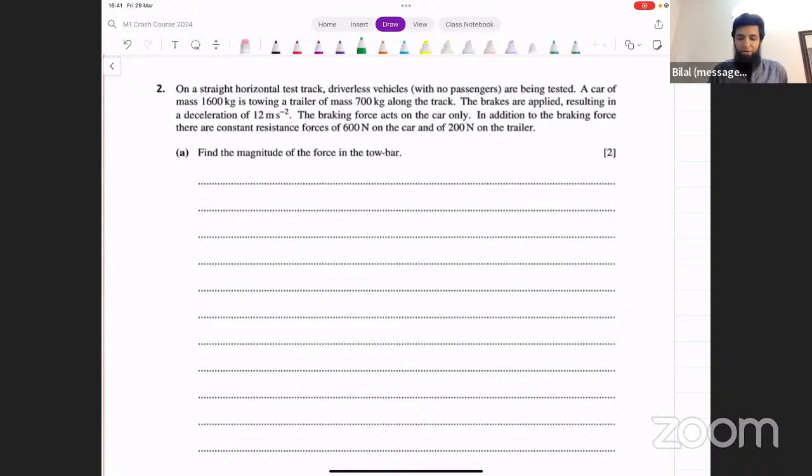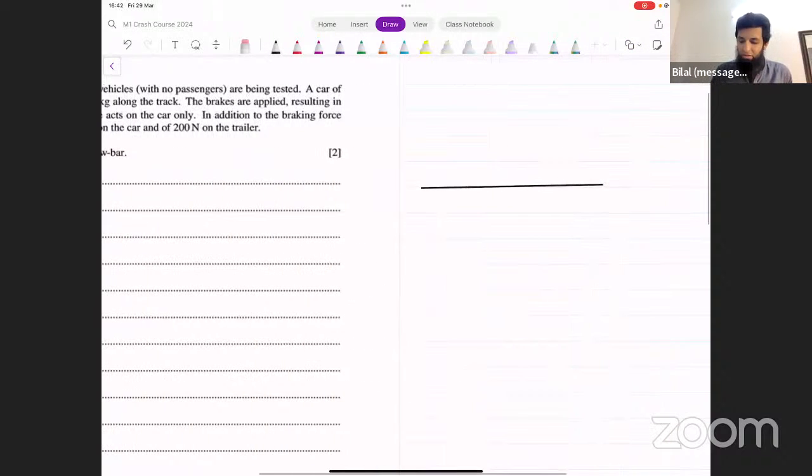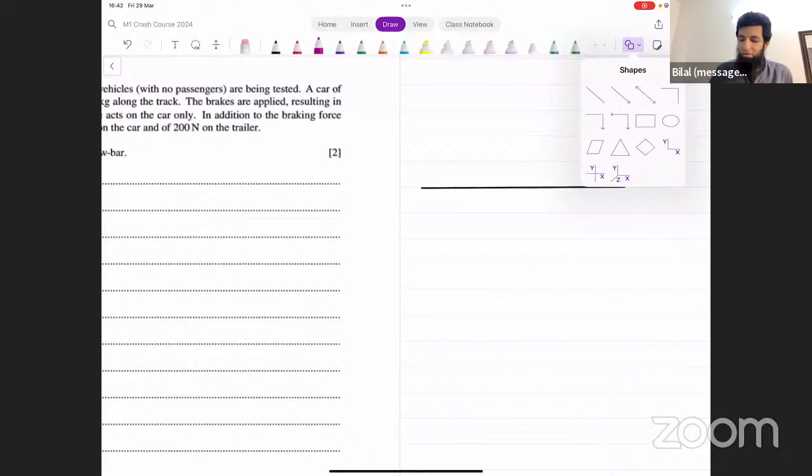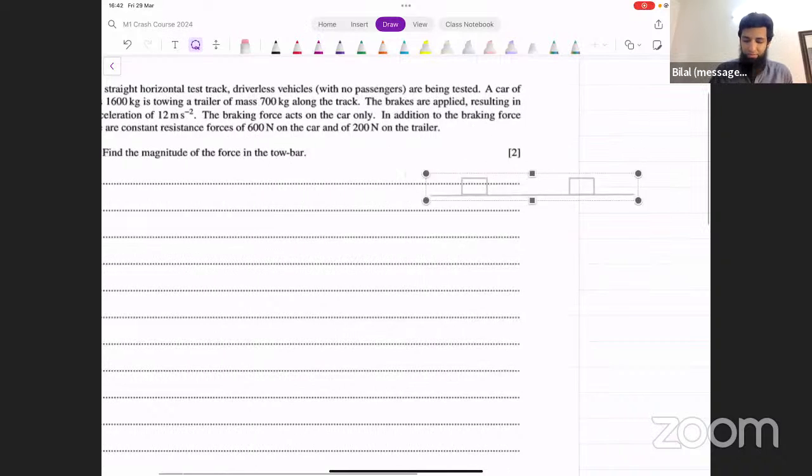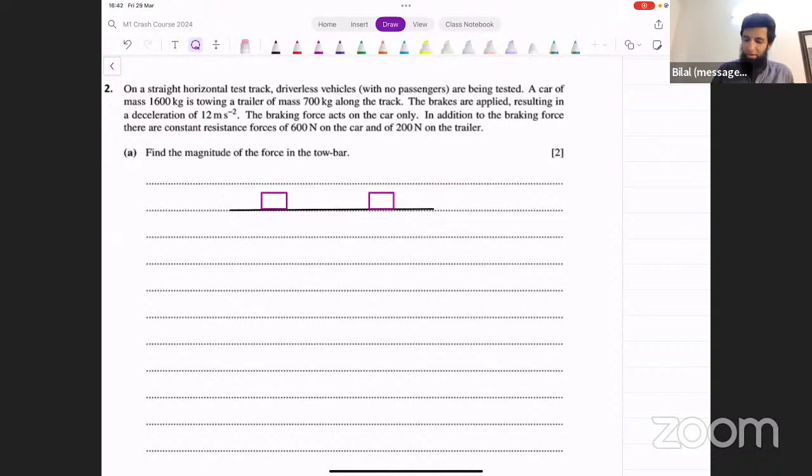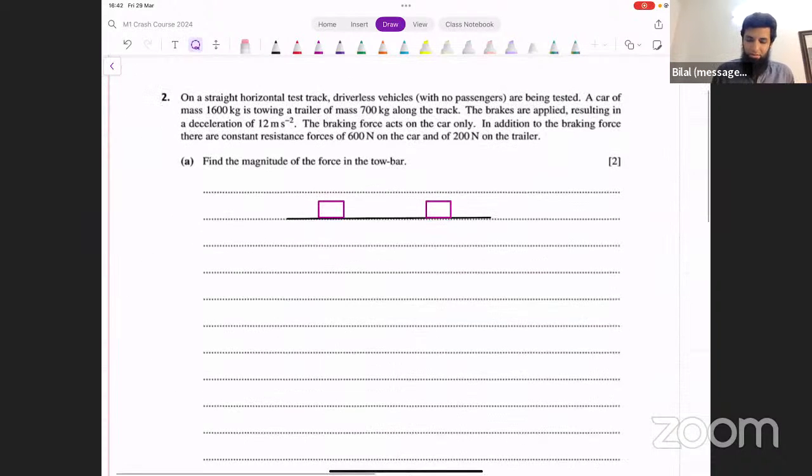Okay, so we don't have a diagram here, so we're going to draw a rough diagram to understand the situation better. So we have the straight road, and on that road, we have a car and a trailer. I'm just going to represent them using these boxes. My drawing is not very good. So let's say these are the car and the trailer. So the car is towing the trailer. So the car is ahead.